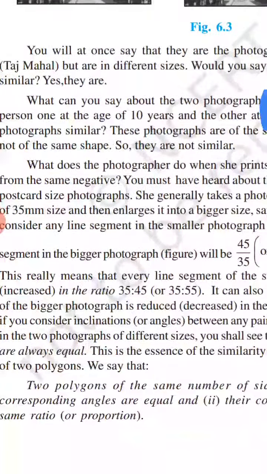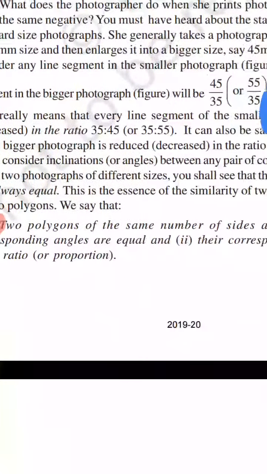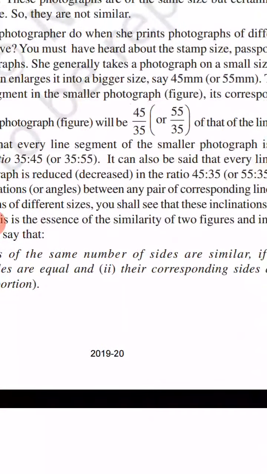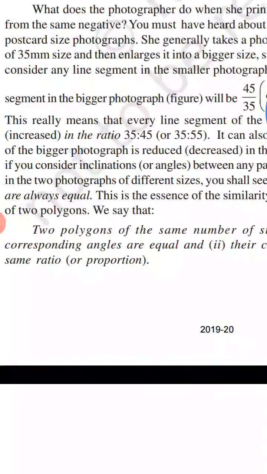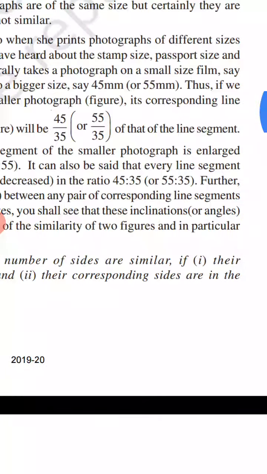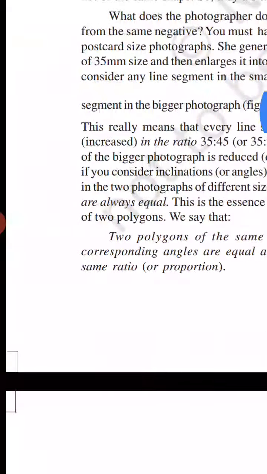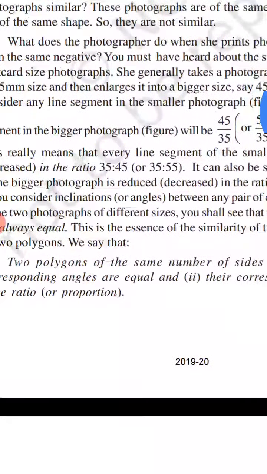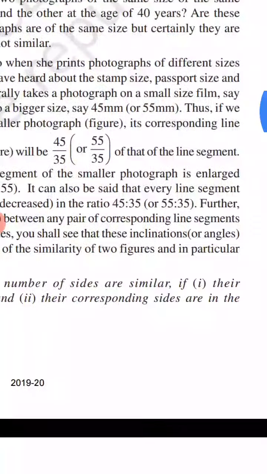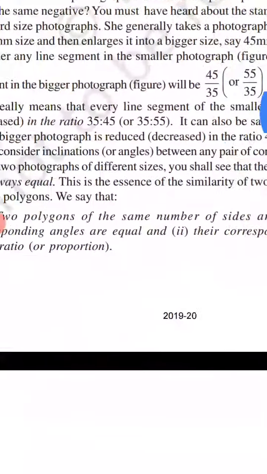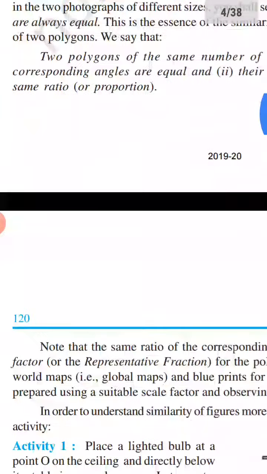Now, what we have to learn here: two polygons having the same number of sides are similar if their corresponding angles are equal and their corresponding sides are in the same ratio, that is, proportional.